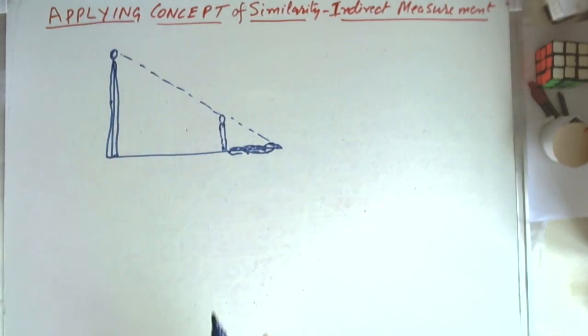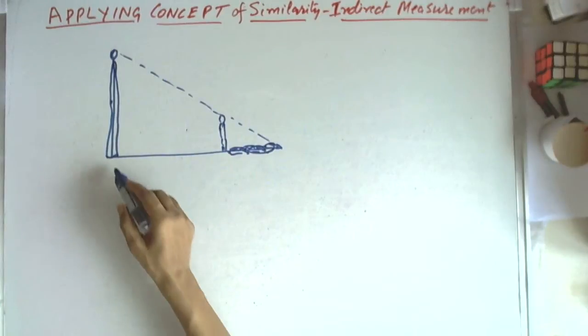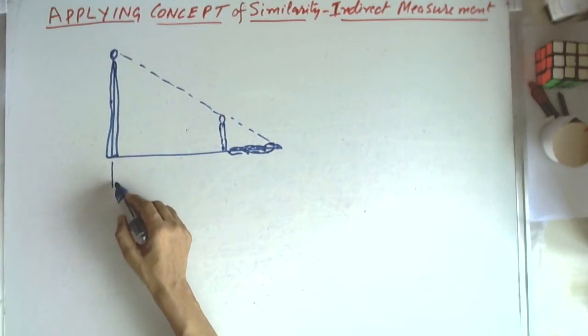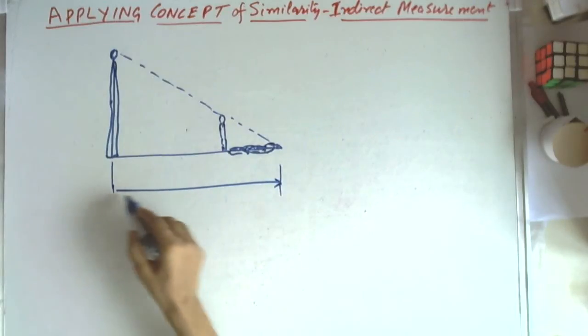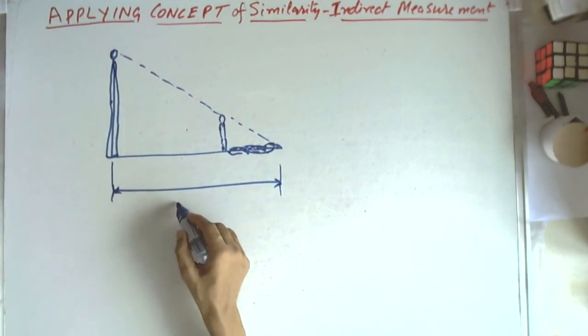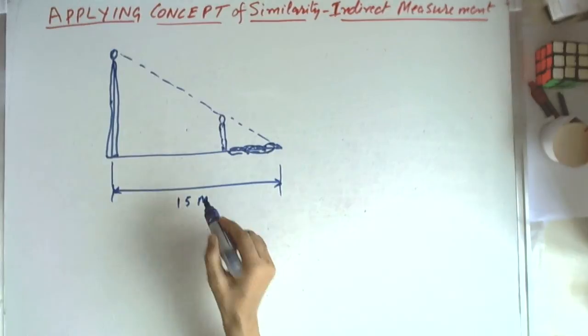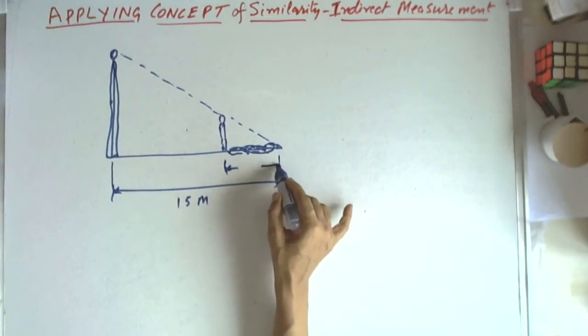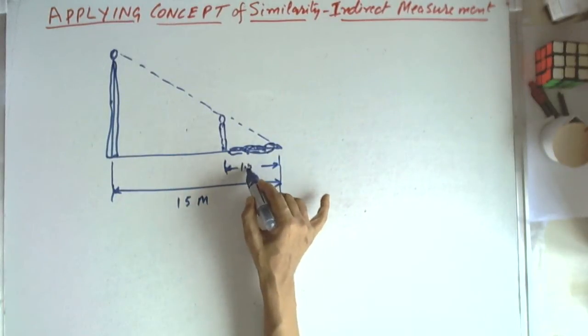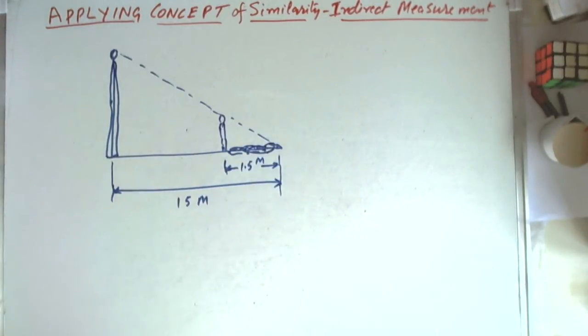Now what we can measure easily is this length. Suppose this length is 15 meter. Then by direct measurement, we can also measure the shadow. And suppose this is 1.5 meter.